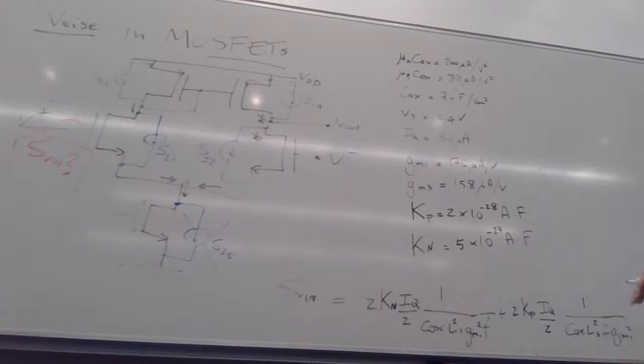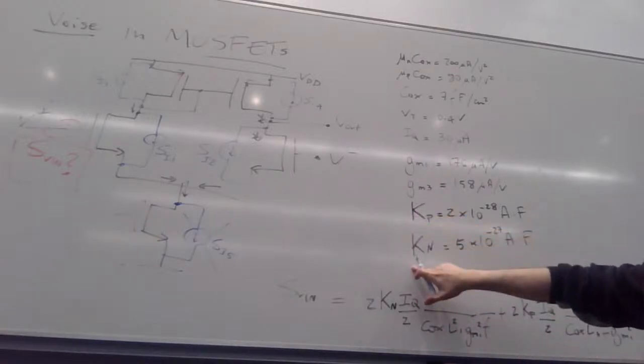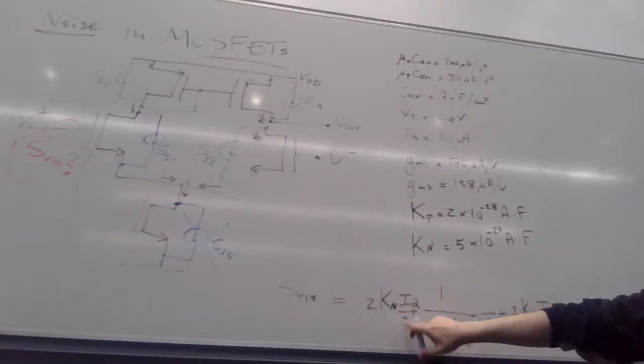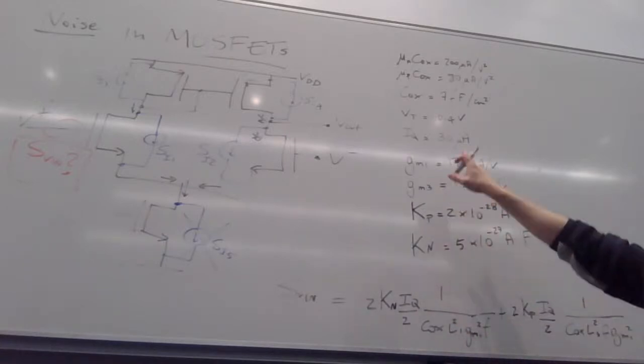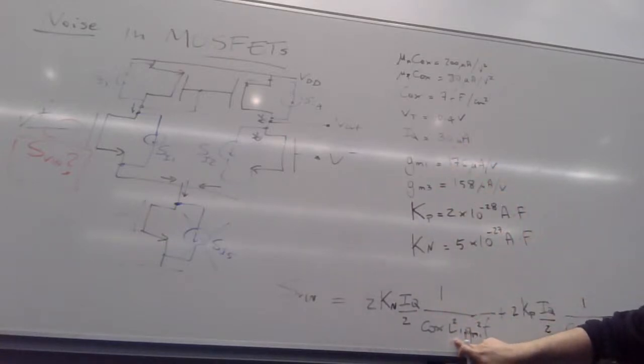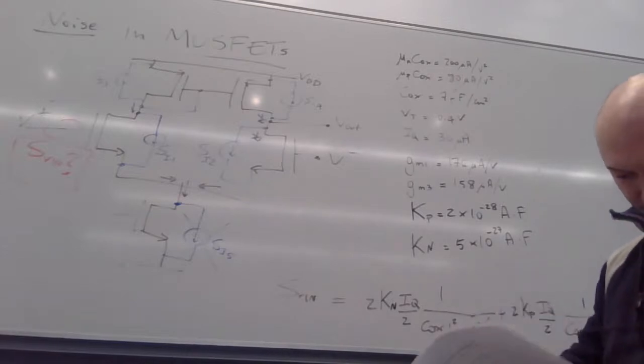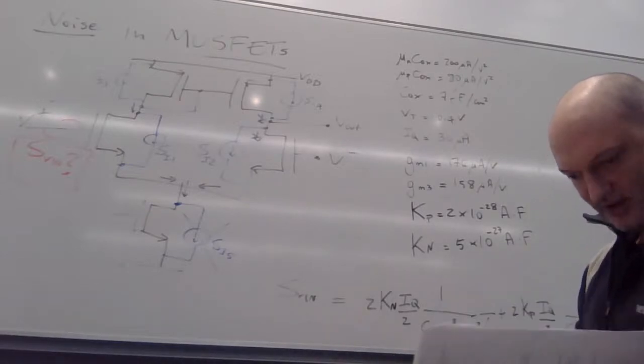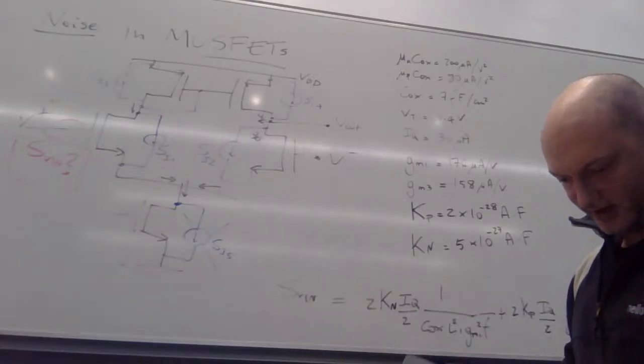Now we put the values in. We got our constant K, we got our IQ, our drain current, so IQ divided by 2, which is our gate current. We know what the oxide capacitance is. We know what the channel length is. No, we don't know what the channel length is yet, because I didn't put it there. Oh, actually, it's on your handouts.